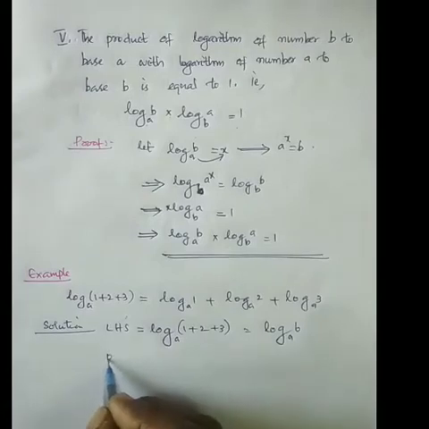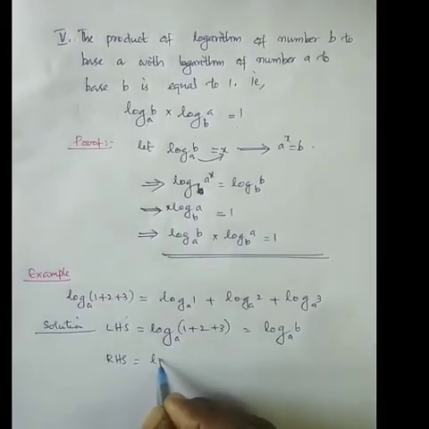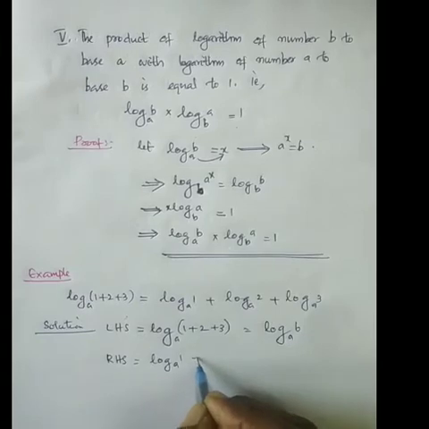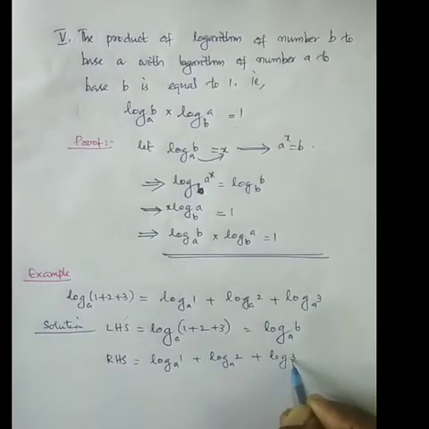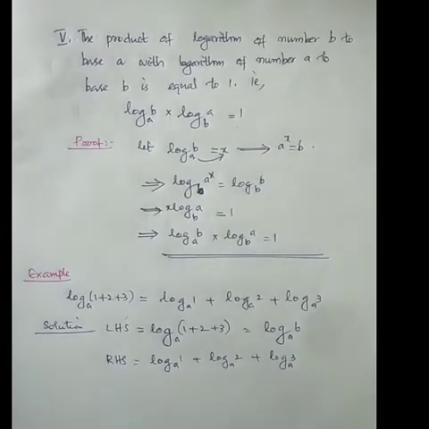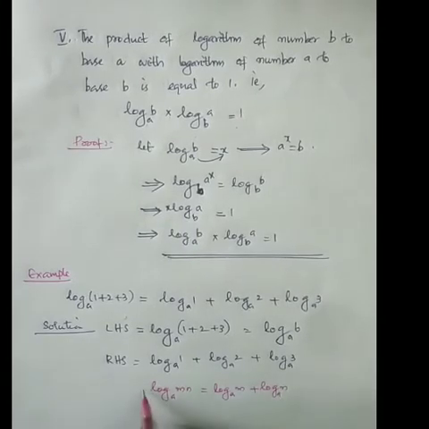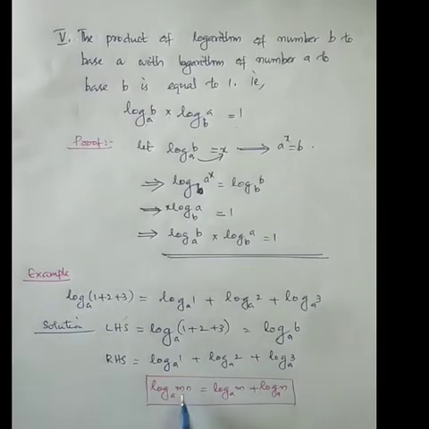Now consider RHS. RHS equal to log 1 to the base a plus log 2 to the base a plus log 3 to the base a. Also we know that log mn to the base a equal to log m plus log n. Okay. Using this formula, here there are 2 terms, in here there are 3 terms. That is the only difference.